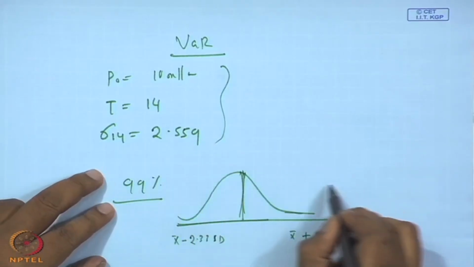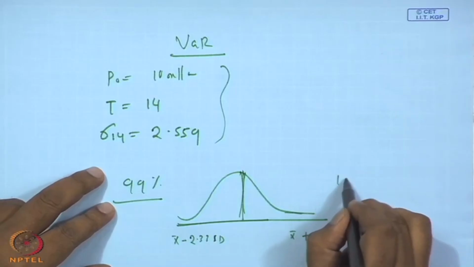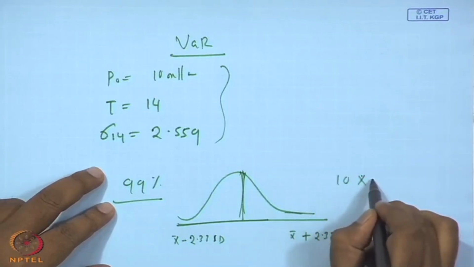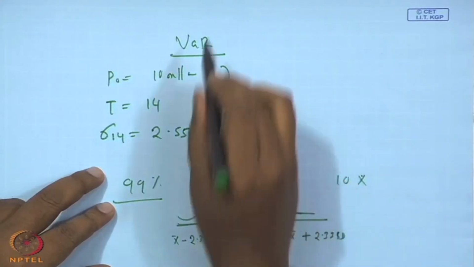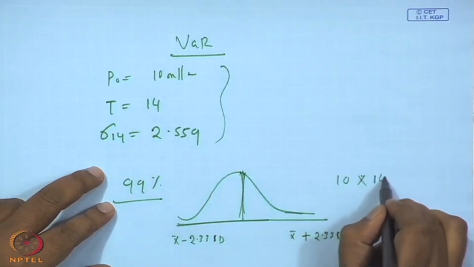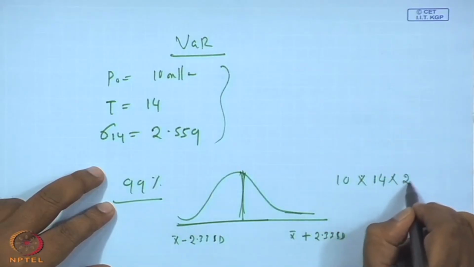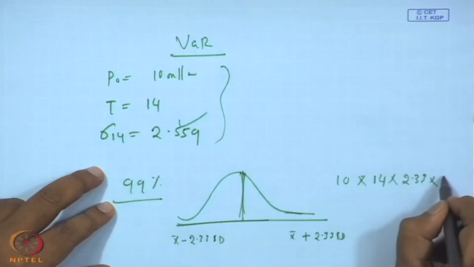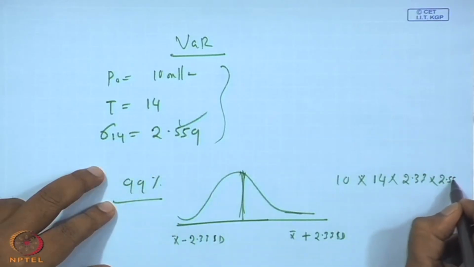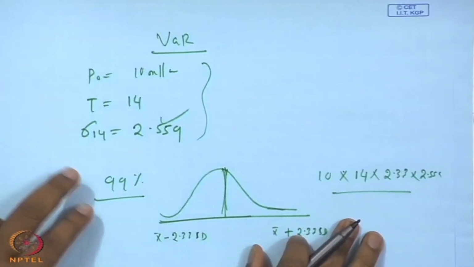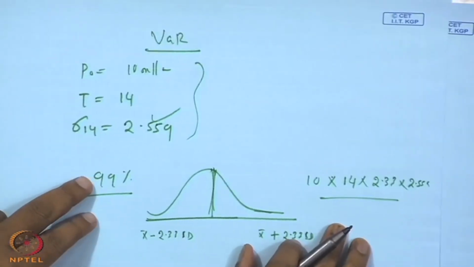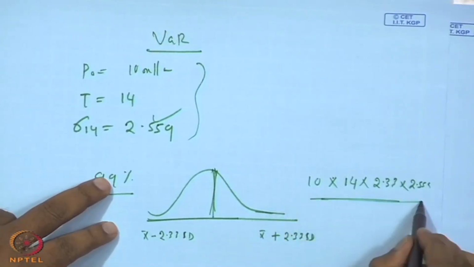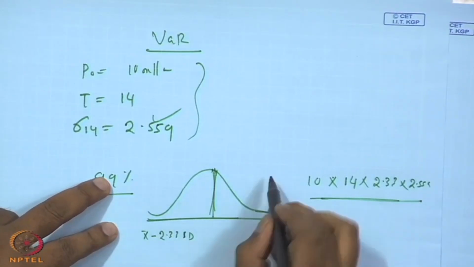So, 99% sure, our value at risk will be 10 million into 14 days into 2.33 into the standard deviation 2.559. This is our standard deviation calculation process. So, with 99% sure, this is our value at risk.